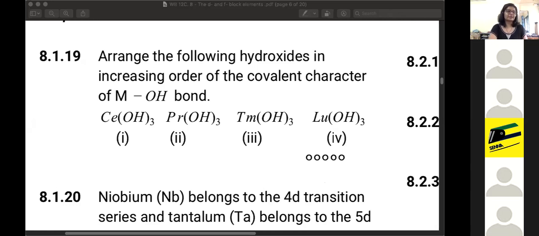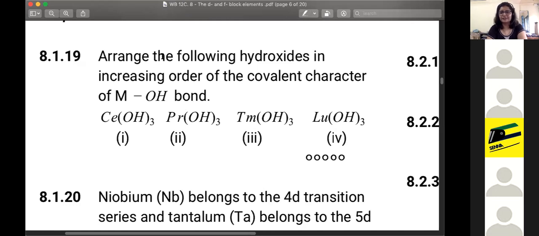Okay, I'll just repeat that again. It's one of the consequences of lanthanoid contraction. As the size decreases, the covalent nature increases. And if the covalent nature increases, what can you say about the basic nature? Basic nature decreases. Yes. So what did the question ask? Oh, covalent nature they've asked.